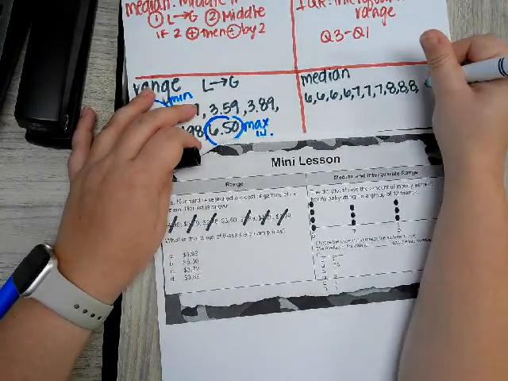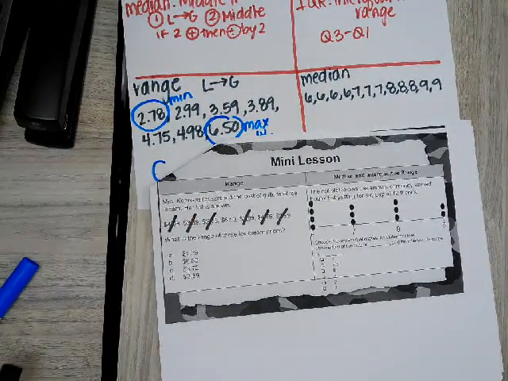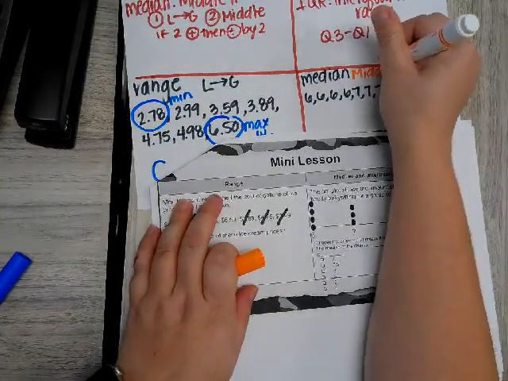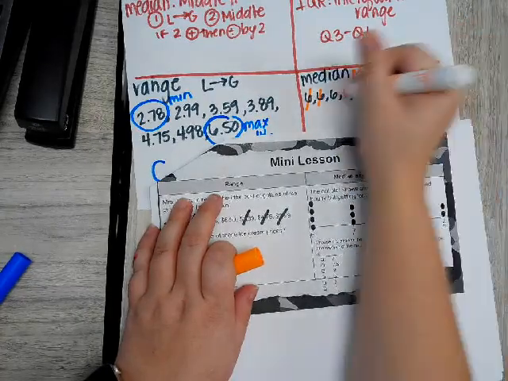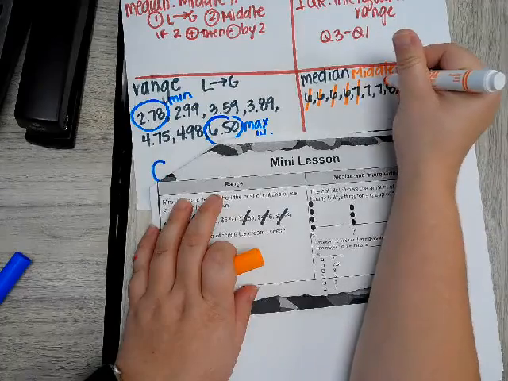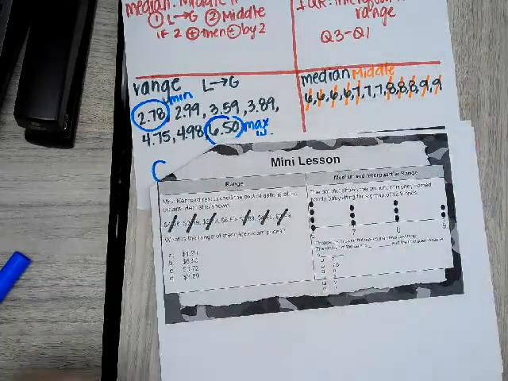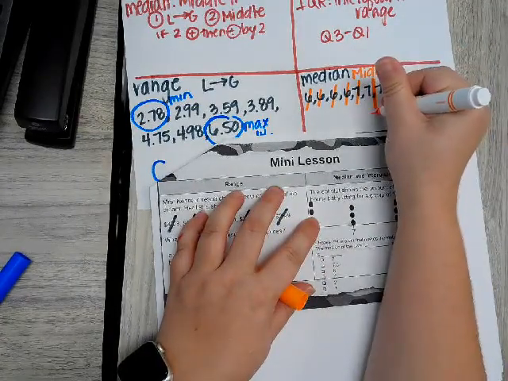We have 2 9s. So first, let's find our median. Remember, median is our middle. I have 2 7s in my middle, so I can add them up and divide by 2. So 7 is my median.